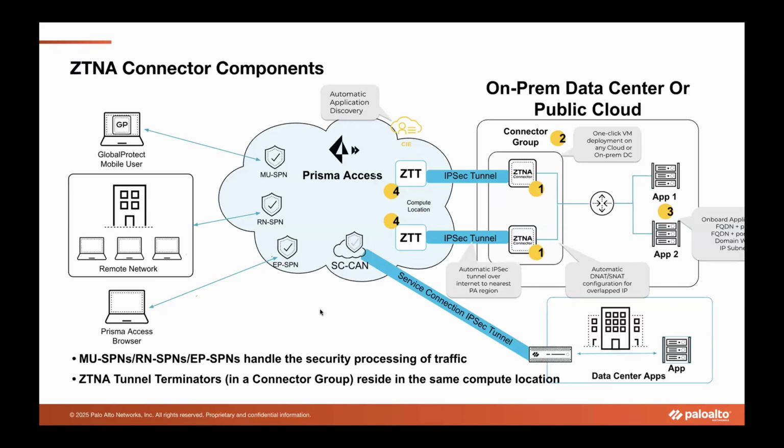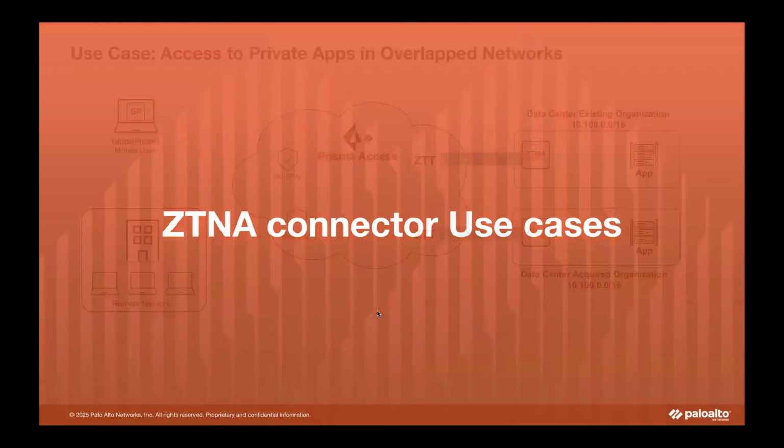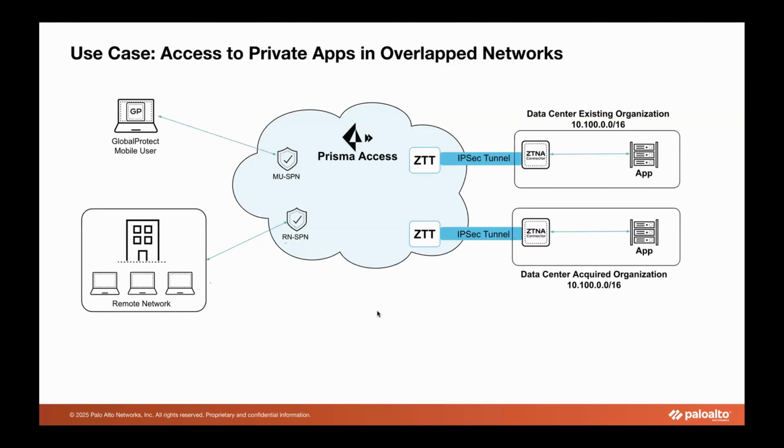So that was it from a ZTNA connector architecture standpoint. Now let me move on to the use cases. So these are some of the different use cases we have. As mentioned, access to private apps in overlapped networks.